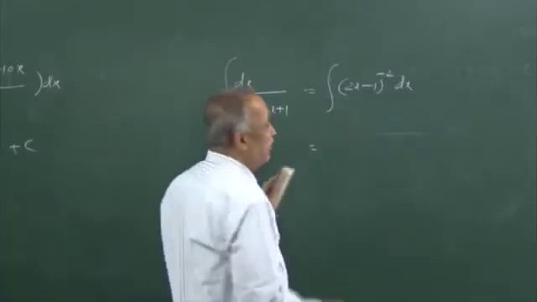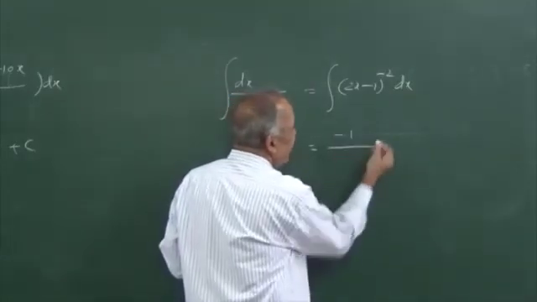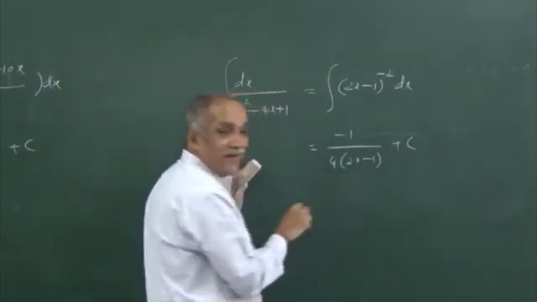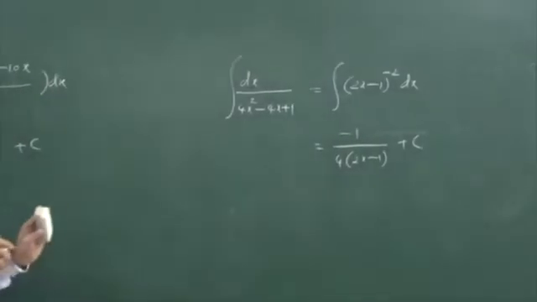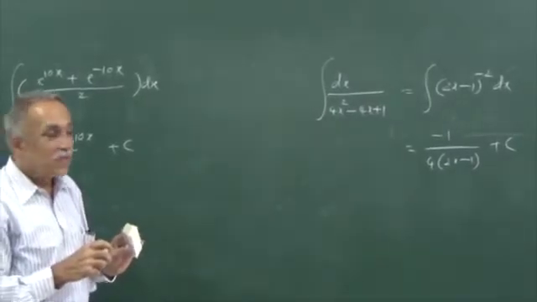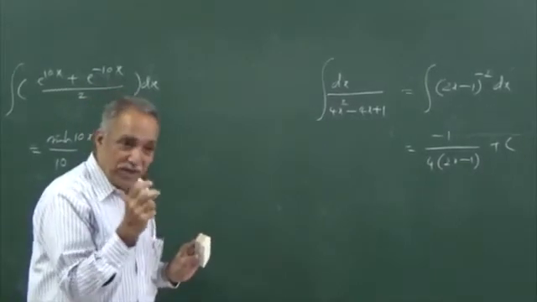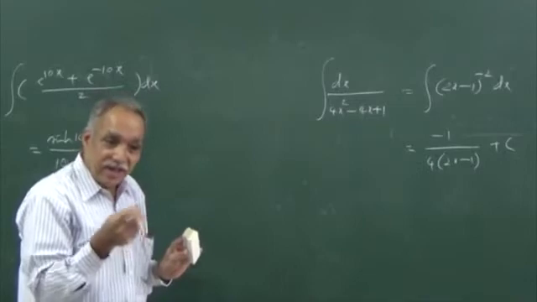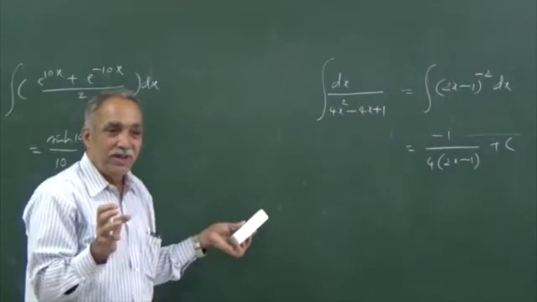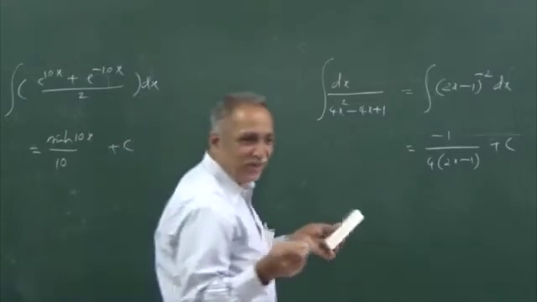So for this, the integral will be minus 1, (2x minus 1) to the power minus 1 divided by minus 1, again divided by the coefficient of x in the expression, 2. Agreeable? Is it not wrong? It should have been 2.